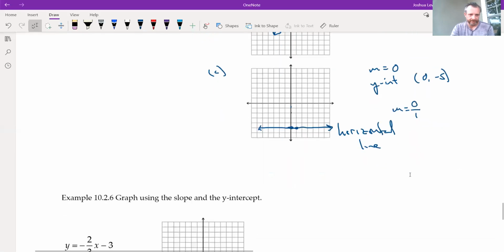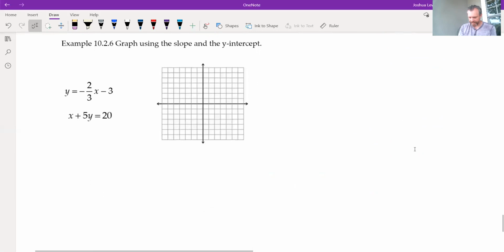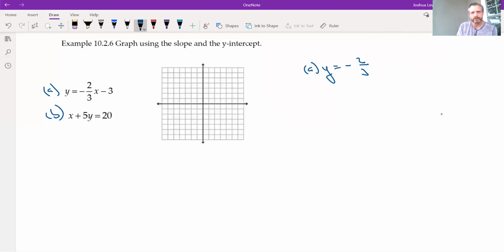All right. So now let's take this a step further. Notice that we have a couple of equations here, and we want to graph these. So for A, we have negative 2/3 x minus 3.